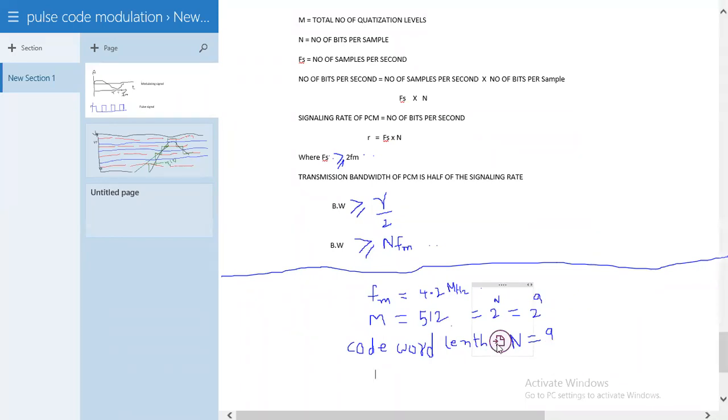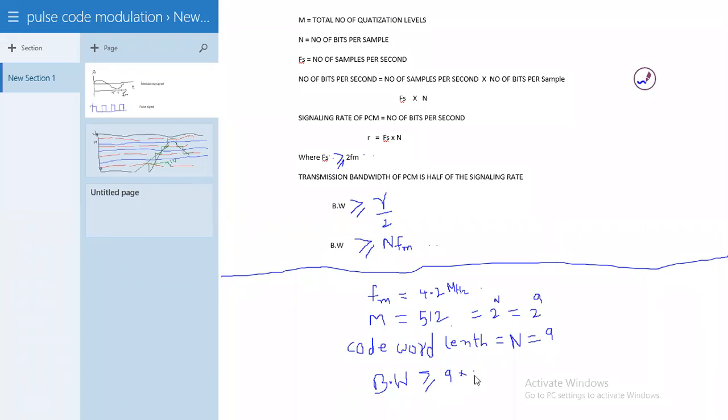The transmission bandwidth is greater than or equal to n into fm. 9 into 4.2 megahertz. మెగా అంటే 10 to the power of 6.